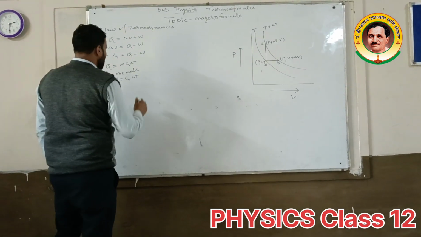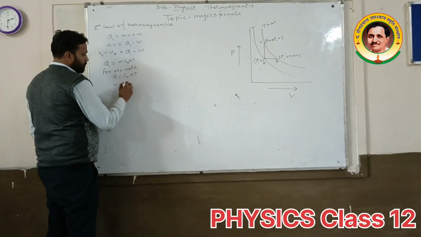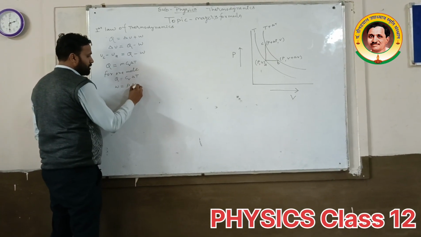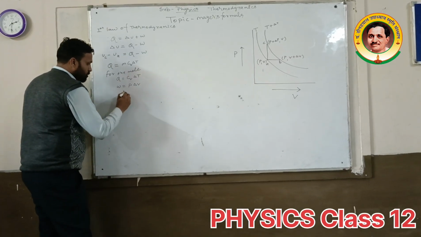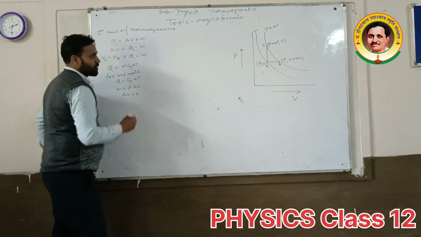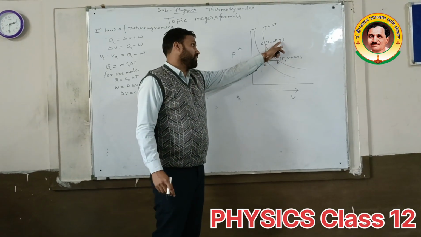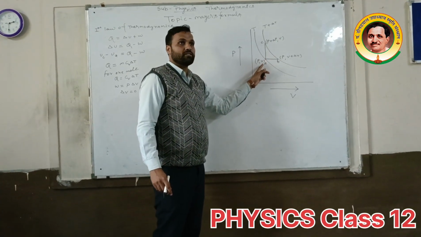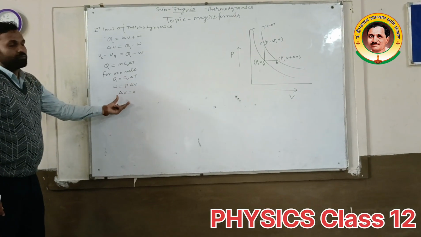At constant volume, we have studied the work done. The formula for work done is P delta V, and we know that very well. Delta V equals 0 from C to A, because here the volume is V and there the volume is also V. It means there is no change in volume.